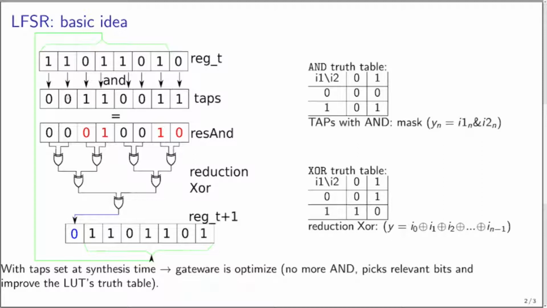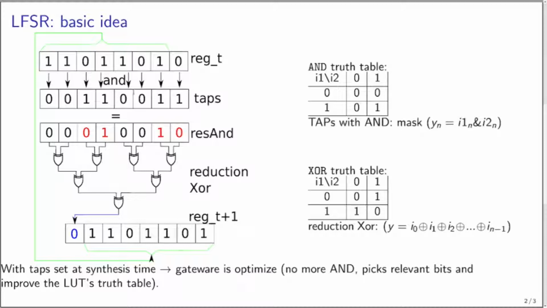This AND is used as a mask, and for one output, for example this one, the result is the AND between this one and this one. The output may be 1 only if in a tap the bit is equal to 1.